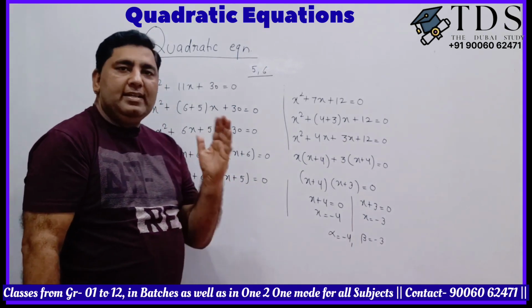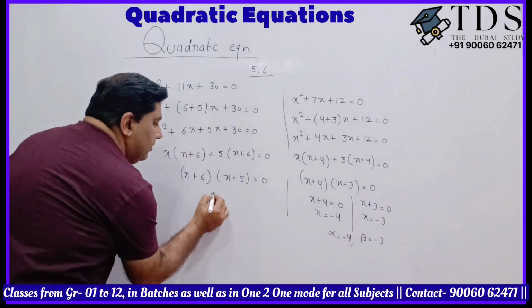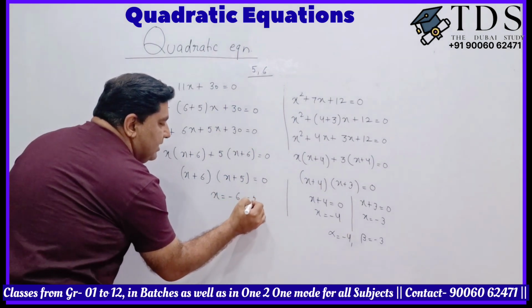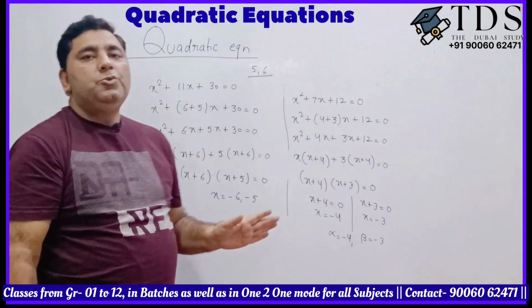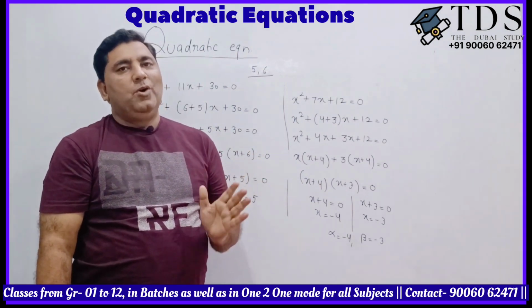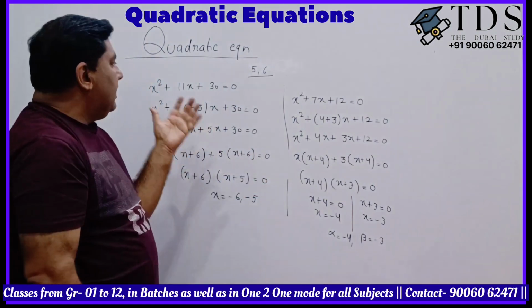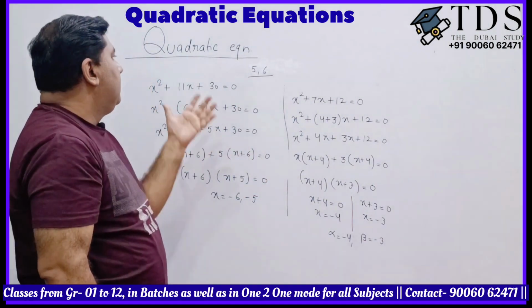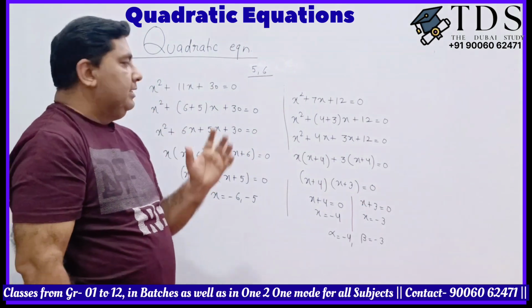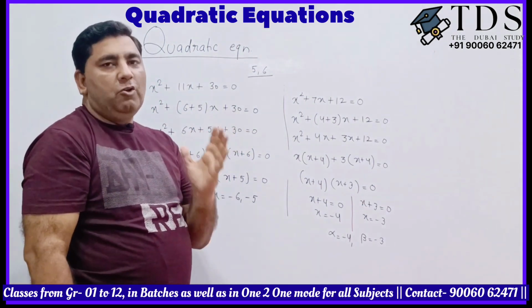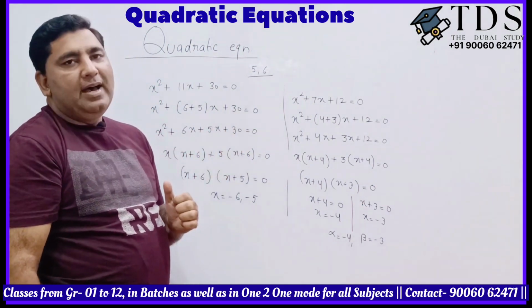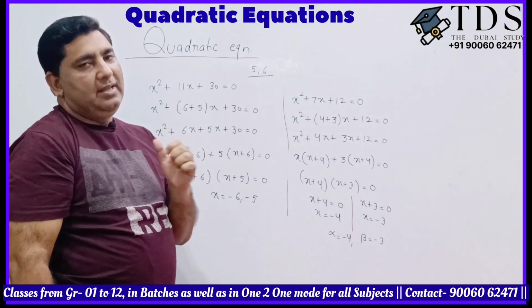For the other, we get x equals to minus 5. So, x equals to minus 6 and minus 5 are the two solutions for this quadratic equation. This is another example of factorization method. These two are examples of solving the quadratic equation by factorization method.